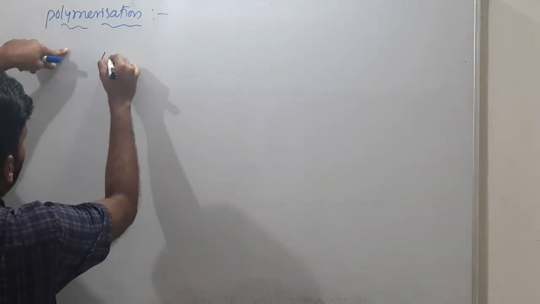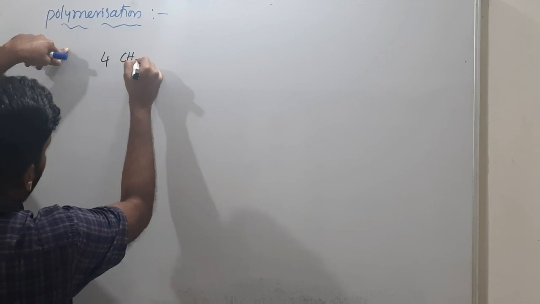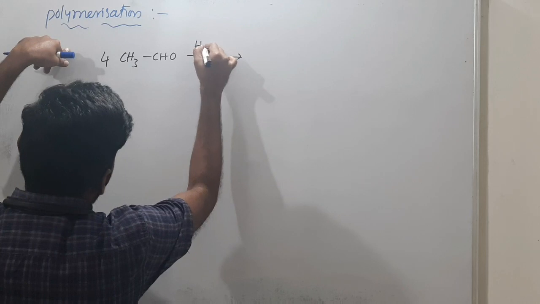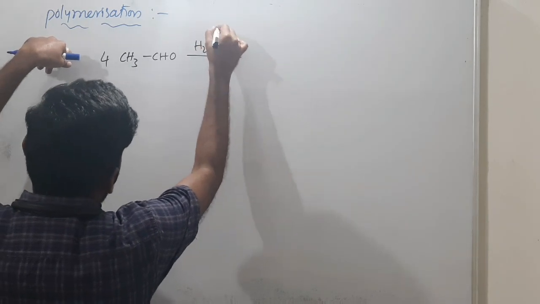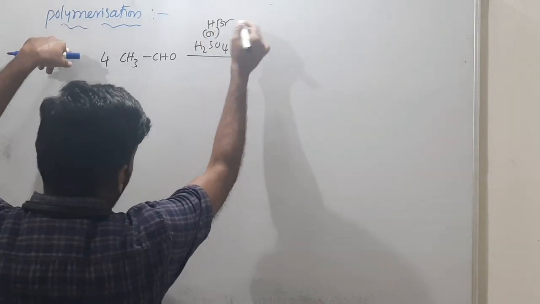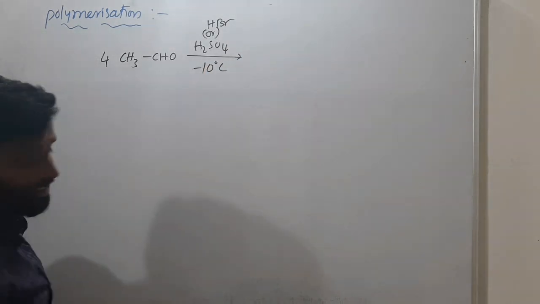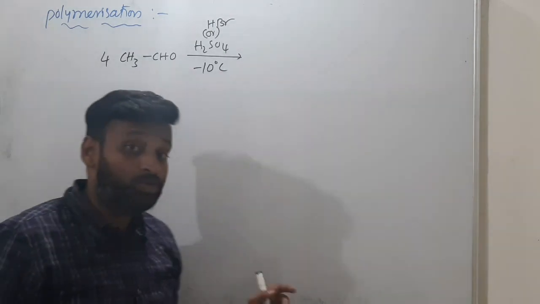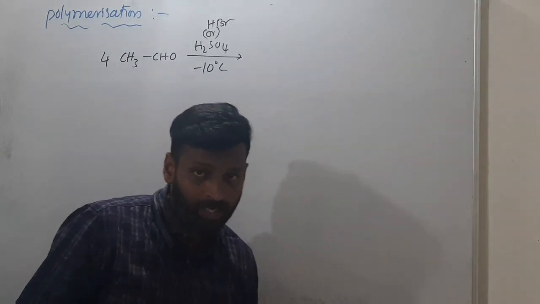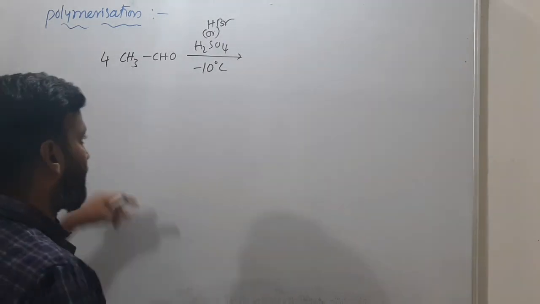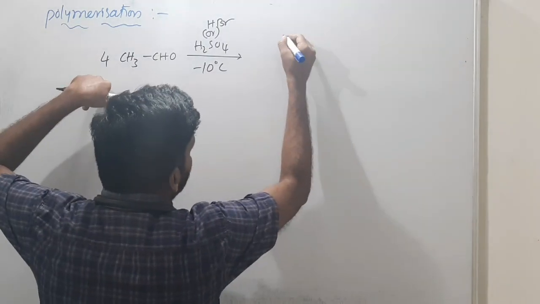Now if you take 4 moles of CH3CHO with the same sulfuric acid or hydrogen bromide, at minus 10 degrees Celsius. In Kelvin also they will ask temperatures, so please remember: at 25 degrees paraldehyde, at minus 10 degrees metaldehyde.